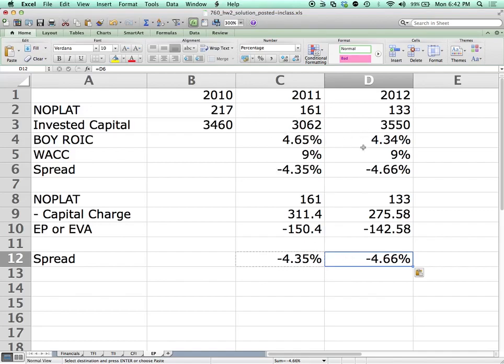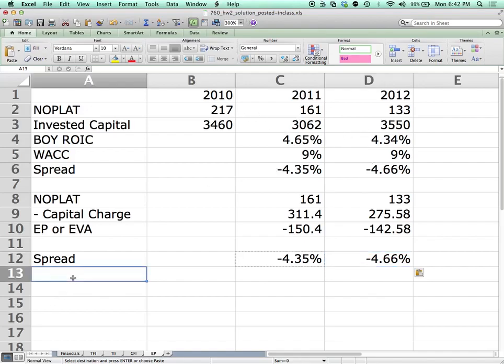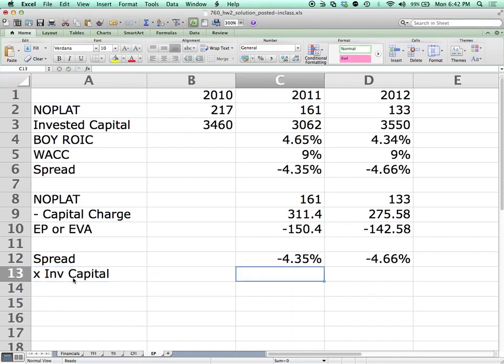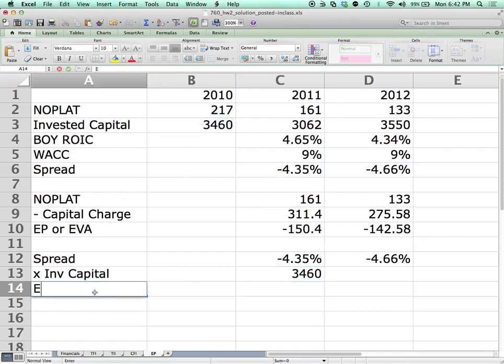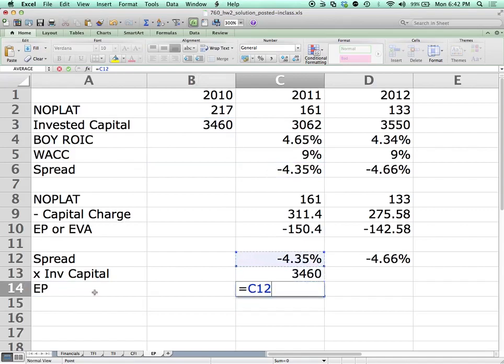Okay, and again, based on beginning of year ROIC. And I multiply the spread times the invested capital, the beginning of year invested capital, and that gets me economic profit equals that times that.